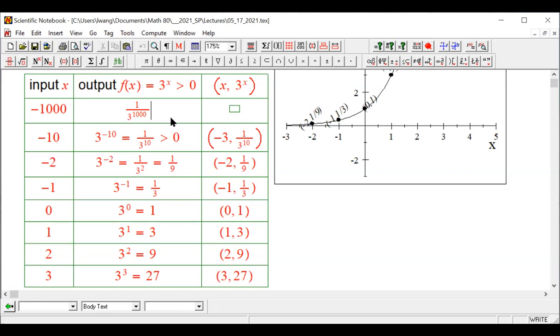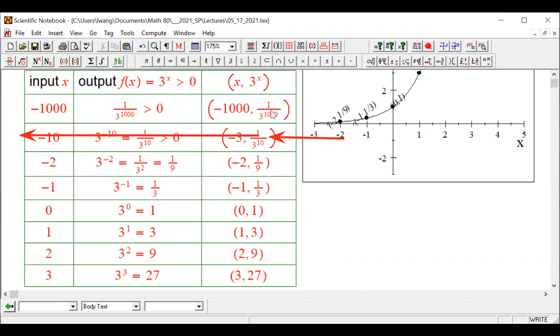So this number is larger than 0. It's going to be in that direction, very far away, very close to 0, but not equal to 0. So that point is something like that, at -1000, and the output is 1/3 to the power 1000.